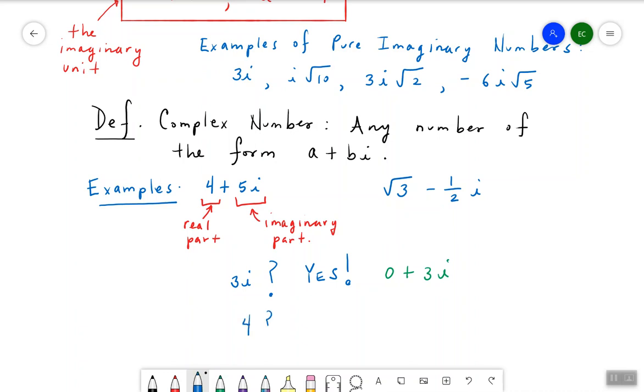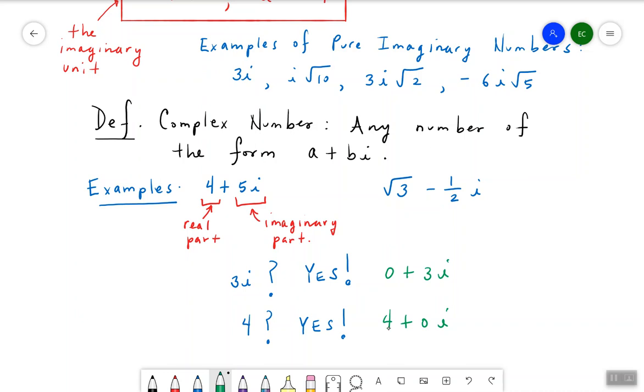Okay, and so then let's have another example. What about the number 4? Is the number 4 a complex number? Usually by this time a student catches on and says yes, it's also a complex number. And they see that since the imaginary part is missing this time, that just means that the value of b is 0. So 4 can just as well be written as 4 plus 0i, and then it has all the parts that it needs in order to be called a complex number.